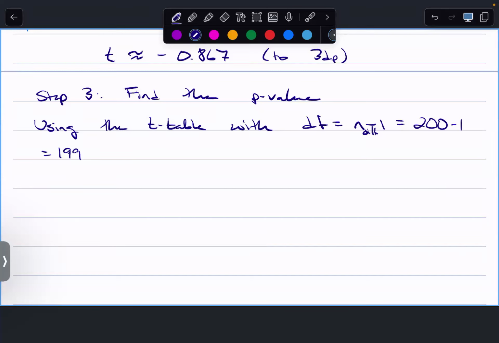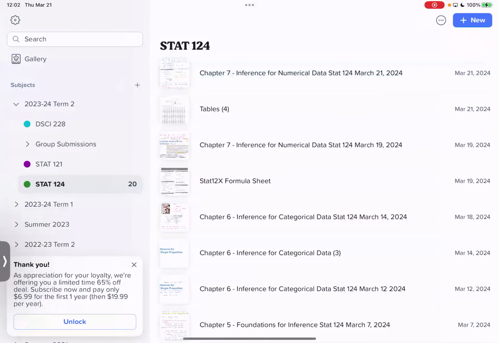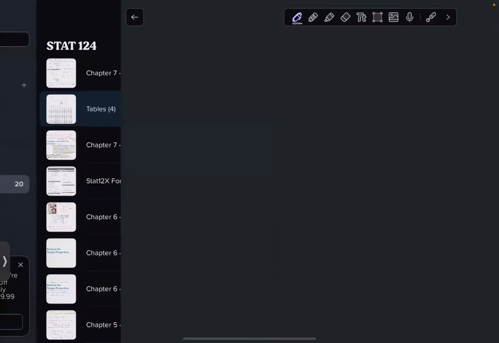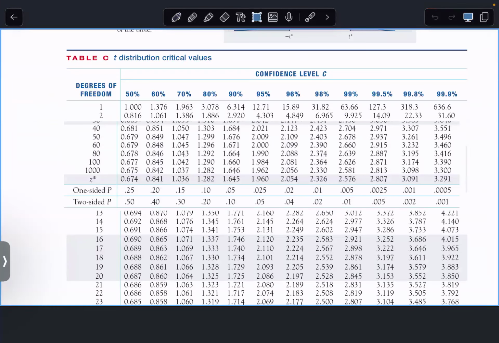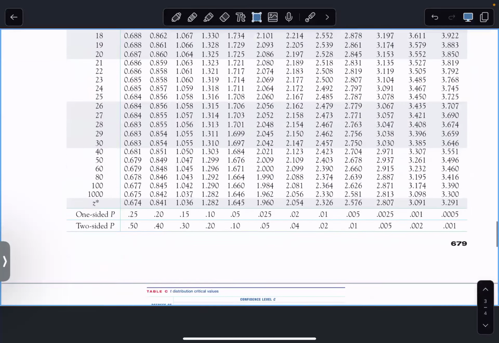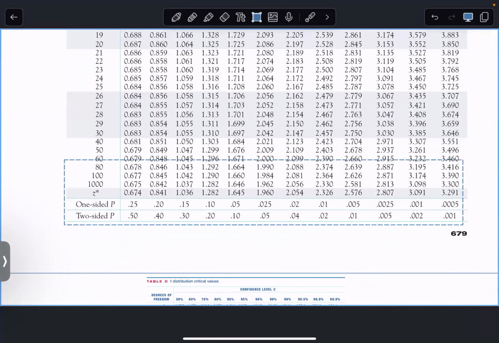We already know that there is no 199 on our table. Using software there is, of course, but we won't have that.